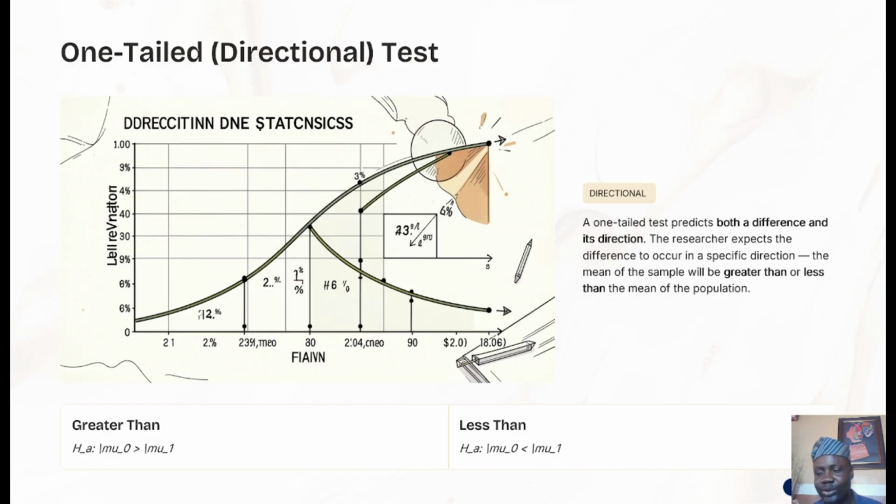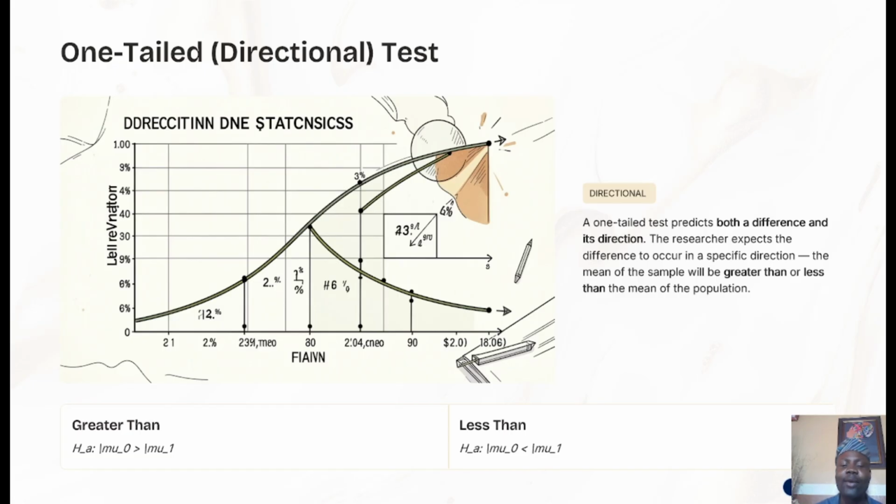That is one direction. Or I may say those people that did not participate will have a lesser or a higher. I'm already specifying the direction of testing. And the rejection region and acceptance region is just one in that instance.